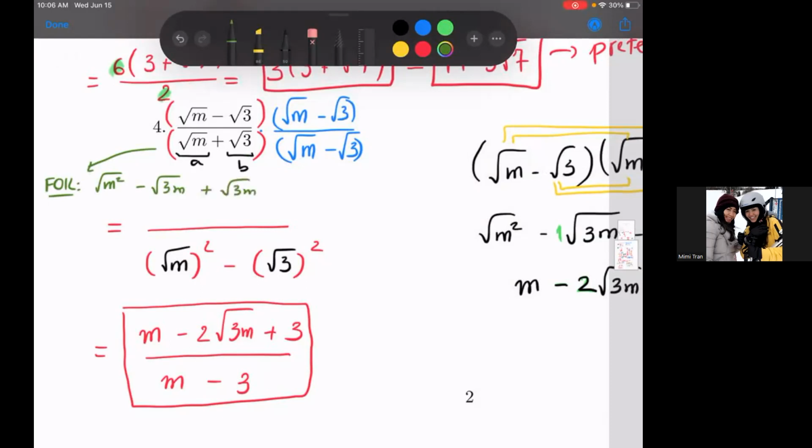And the last one, positive root 3 times negative root 3, is negative root 9. The square root of m squared is m, and the square root of 9 is 3, so -3. What about the middle terms? They cancel, because -1 plus +1 is 0. So I can say plus 0 times root 3m. What's 0 times something? 0. So we use the quick way: we say they're opposites, they cancel.